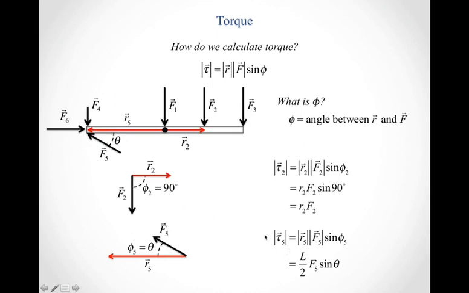So I can calculate the magnitude of torque 5, which is another way of saying the magnitude of the torque generated by force 5 about the pivot. That's going to be equal to the length of that position vector, which runs from the center of the rod to the end, so that's half the length of the rod, times force 5, whatever its magnitude is, times the sine of the angle between those two vectors, which in this case is given to us as theta.